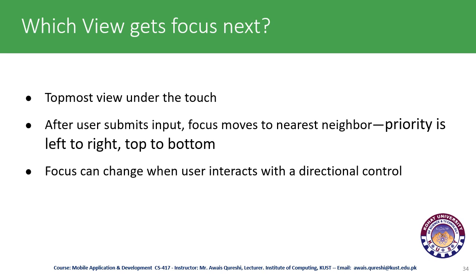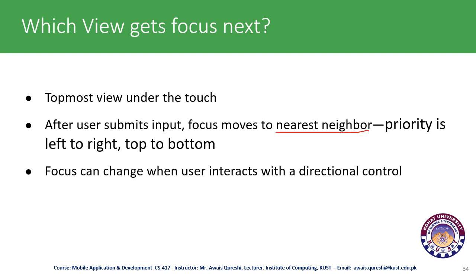Which view gets focus next? By default, the topmost view under the touch. When you open the activity and see the first screen, the first element on the screen will get the focus. After the user submits input, focus moves to the nearest neighbor. Priority is left to right and top to bottom. So input controls or views work under the principle of the nearest neighbor.